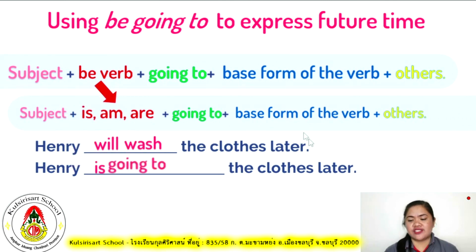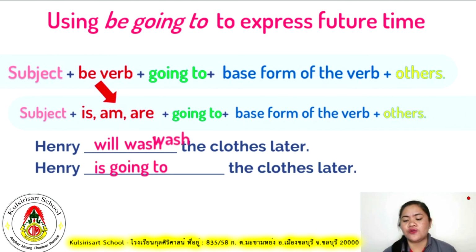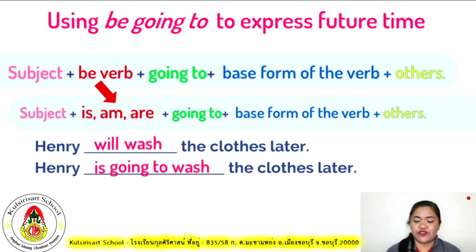And of course, our verb here is the word wash. It says in the pattern, use the base form of the verb. What is the base form of the verb wash? Very good. No S, no ES, no ED, and not in the past form. So the verb is wash. Henry is going to wash the clothes later.